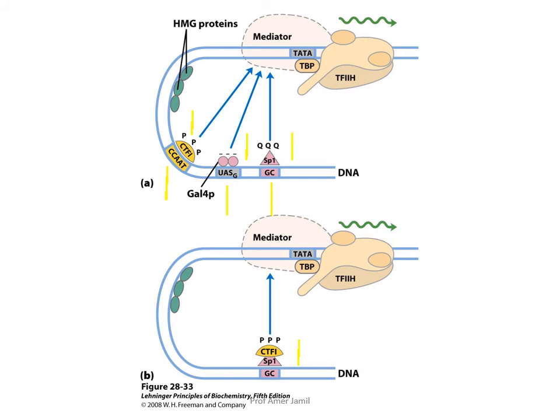All these activators have two domains. One is the DNA binding domain, and the other is the protein binding domain. So if we change the protein binding domain of SP1 with that of CTF1, then it will activate the genes relevant to CTF1, not SP1, because it will allow for certain mediator proteins.